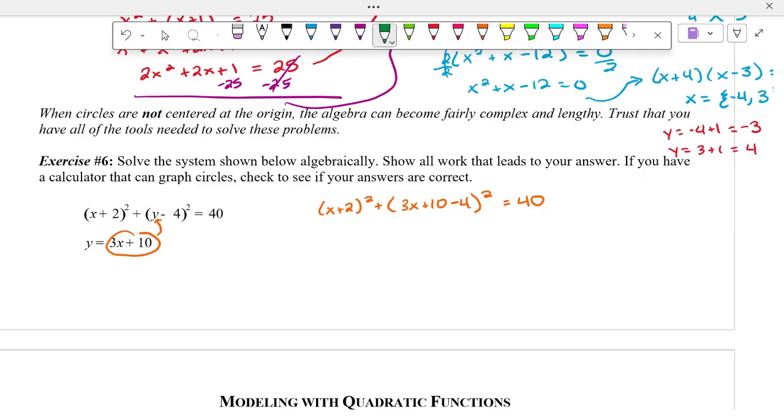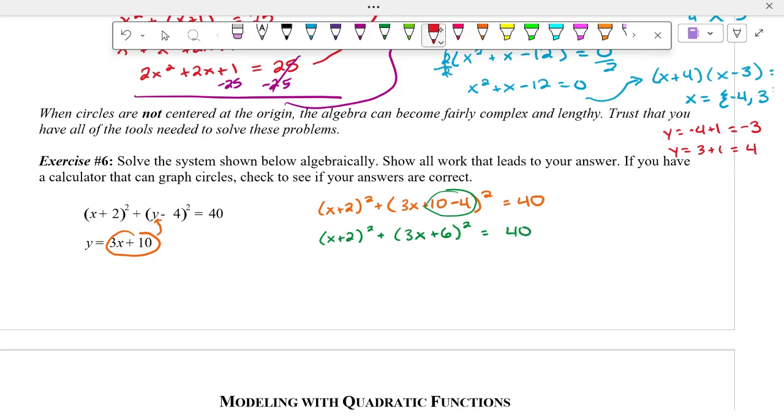I can't multiply them out yet. Nope. I need to combine the like terms right here. All right. So this would be x plus 2 squared plus 3x plus 6 squared is equal to 40.